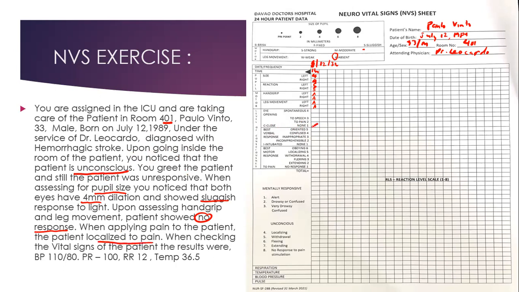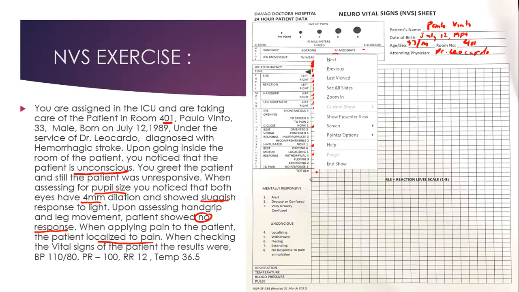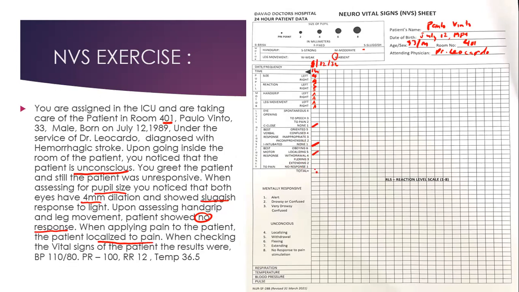So none. 1. So best verbal response, nag-response ba siya? Wala din, di ba? So 1. Then to pain, localize. So dito 5. So 1, 1, 5, total of 7, di ba? Tama? Wait, sorry. 7. Therefore, kung 7 siya, anong status ng patient? Diba? 7 or less, ano yan siya? Tawag dyan is comatose. Comatose ang patient, kaya hindi siya nagigising, no?